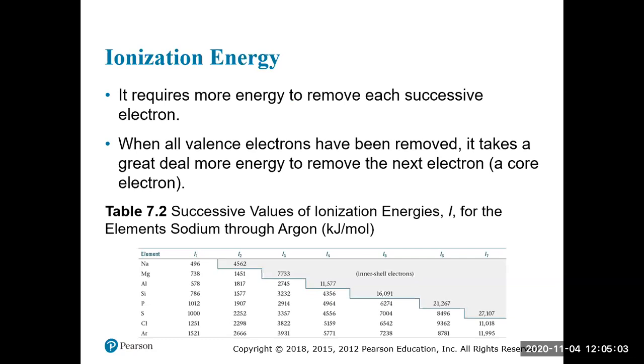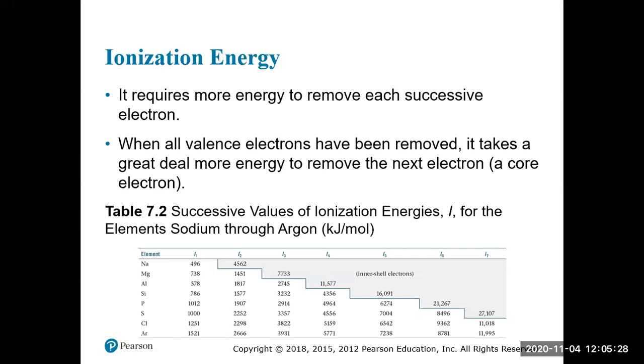As we remove the electrons, we're removing some of the electron repulsion. We're going to get more attraction to the positively charged nucleus, those protons there. So that makes sense that it would take a little bit more, after we take one electron off, to get the next valence electron removed.